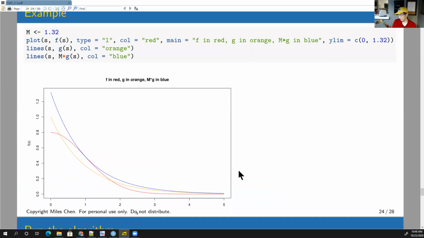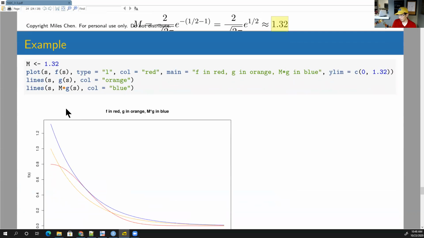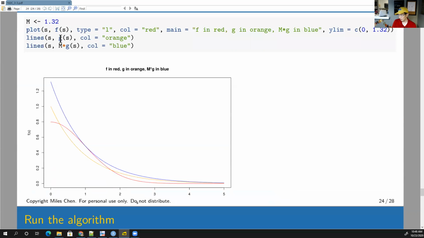If I plot that, the original curve in orange is g of s. If I multiply g of s times m, so I have m times g of s, in blue, we can see that the blue line is always greater than or equal to the red line.